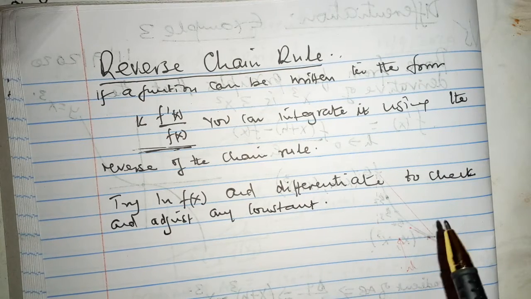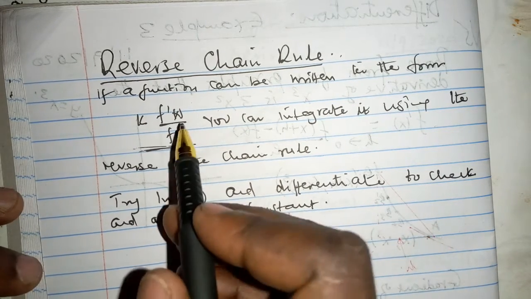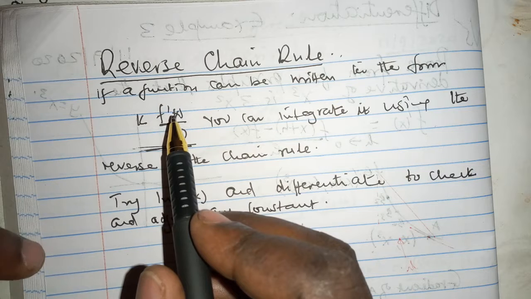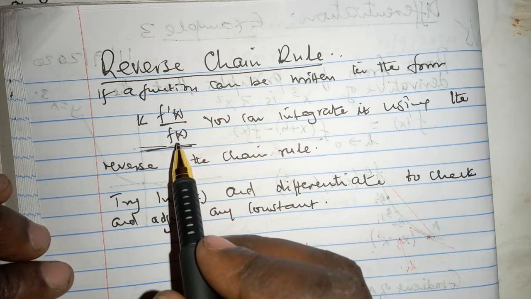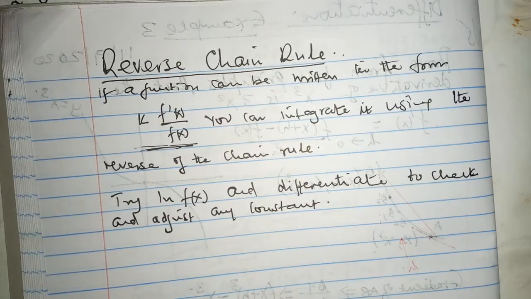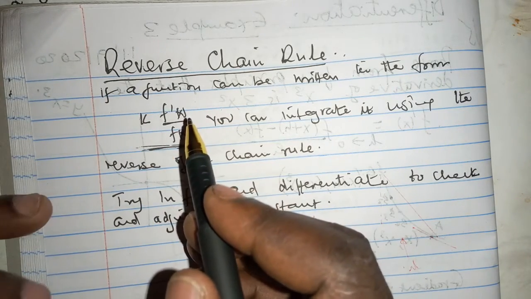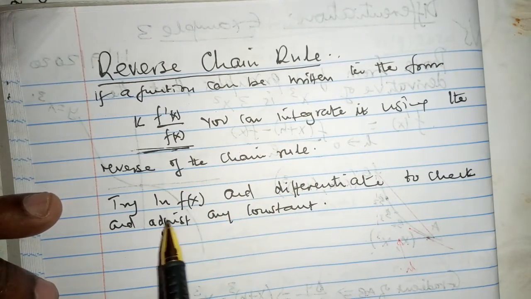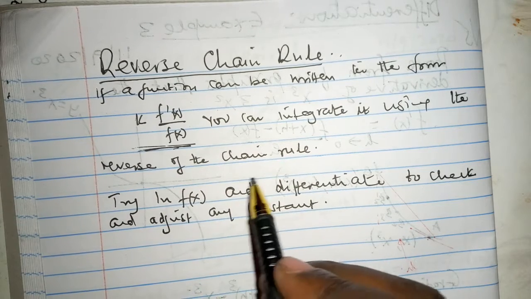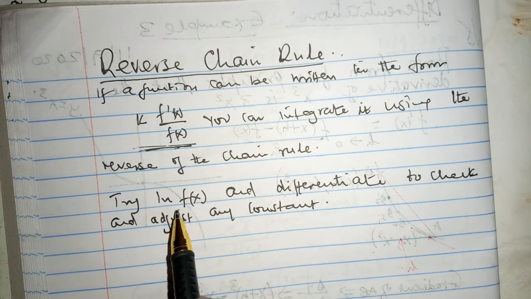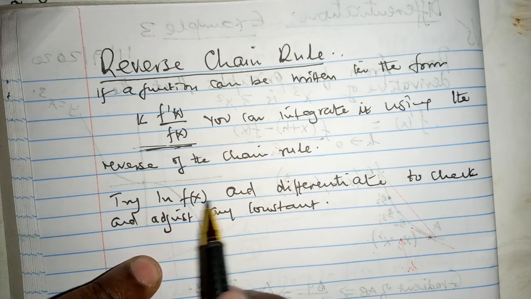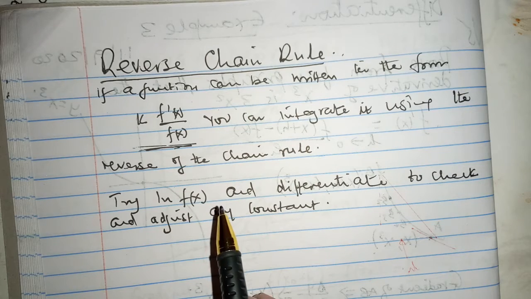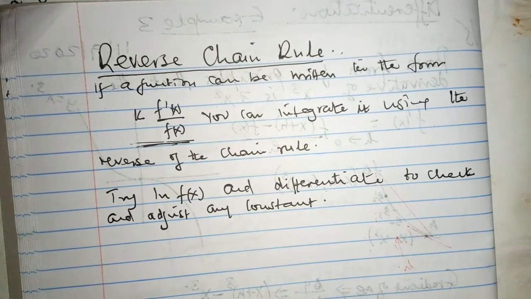I would want to just be very practical in this. If you have a function whereby the numerator looks like or appears to be a derivative of the denominator, then the reverse chain rule comes in handy, because we are going to assume a function which is going to be ln f(x), and differentiate this to verify whether it's going to give us this derivative, and if there are any constants, we shall adjust the constant.